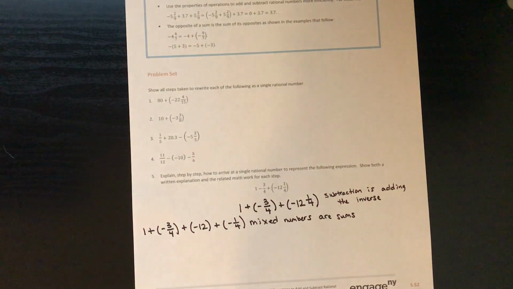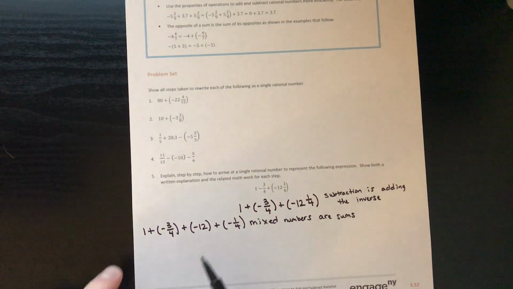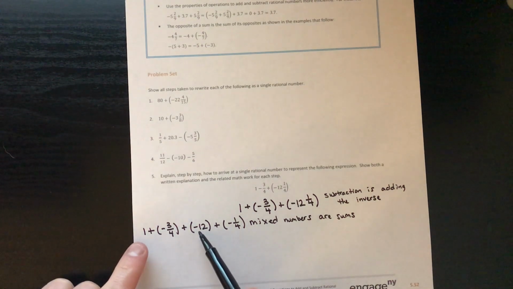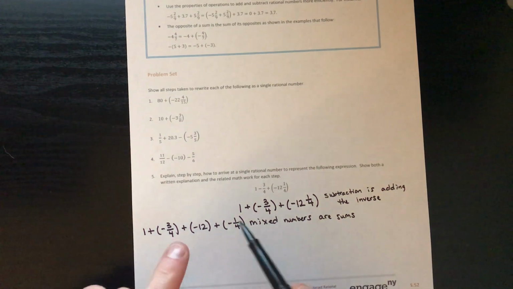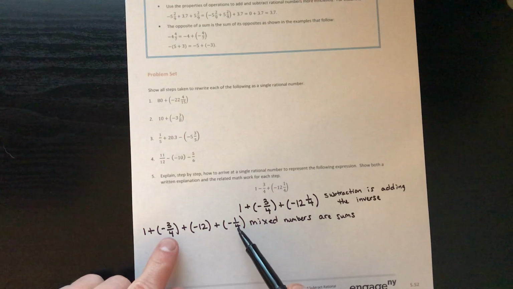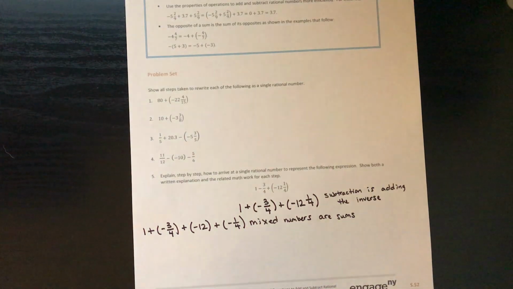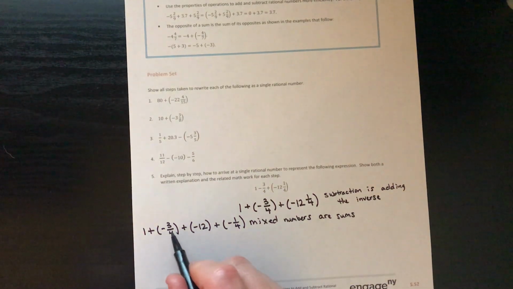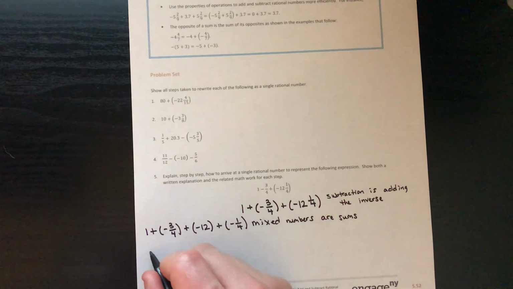Okay, so next I'm going to use the commutative property. I would rather add the integers together and add the fractional parts together separately. That's easier for me. So if I commute this -3/4 and this -12, that allows me to do that.